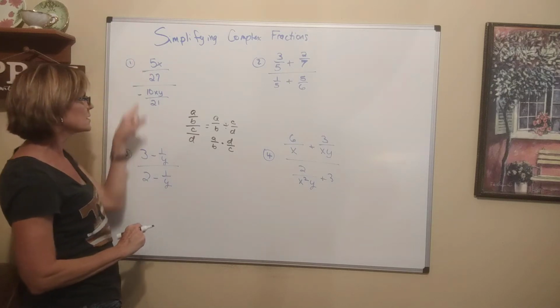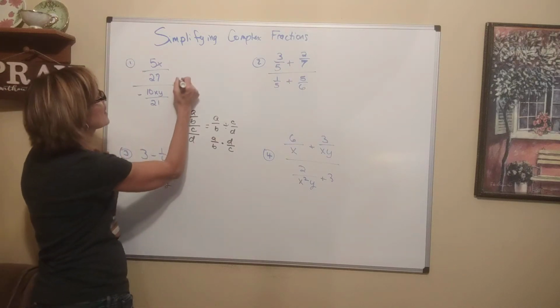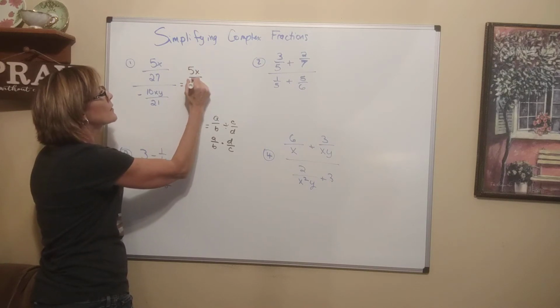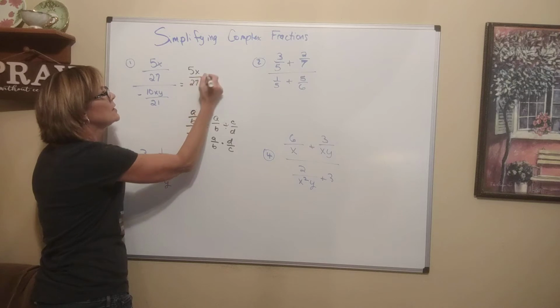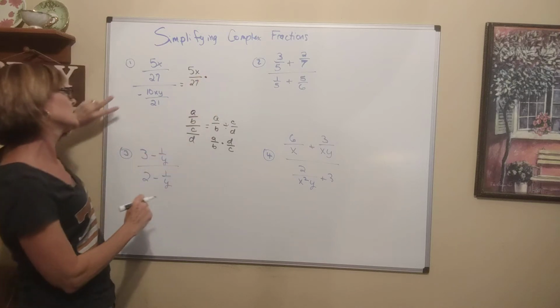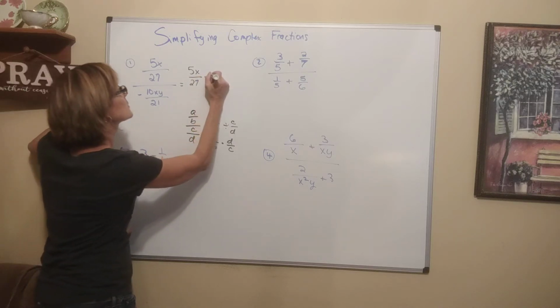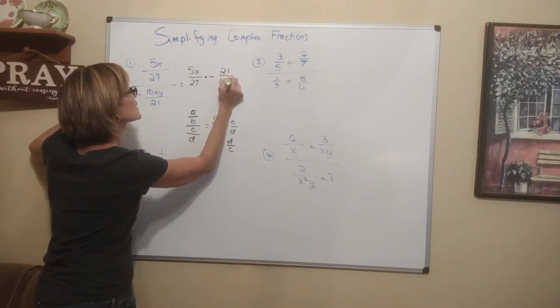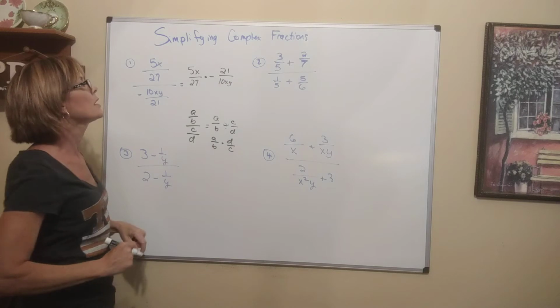So if I'm presented with a nice and tight one, which I am, I will simply keep the numerator, 5x over 27, change the operation to multiplication and multiply by the reciprocal, negative 21 over 10xy. And then I'm just multiplying fractions.